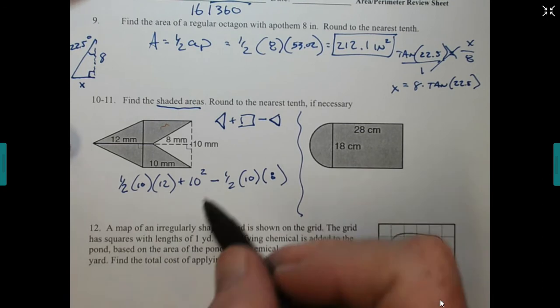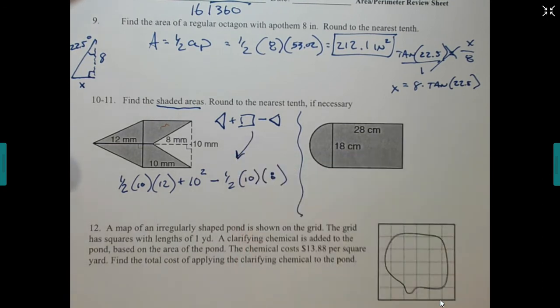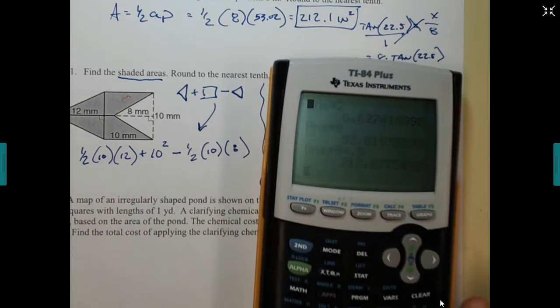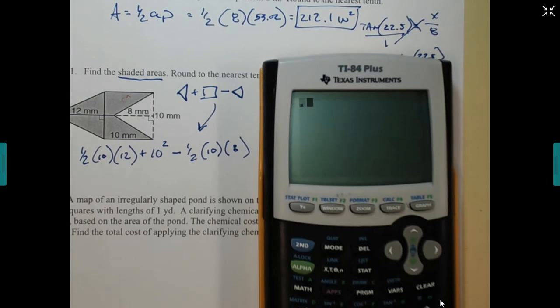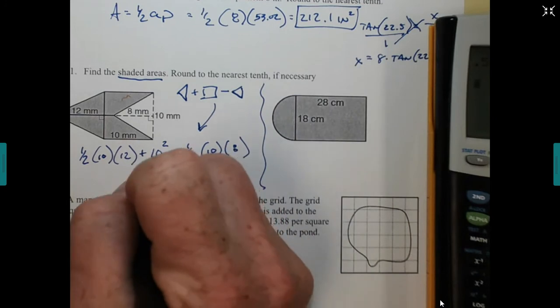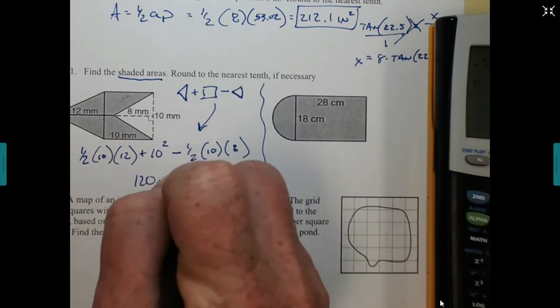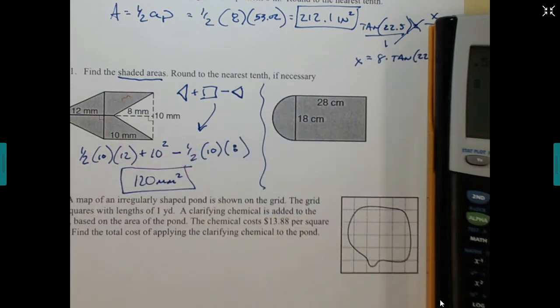My plan produced a custom-made formula, and I can go straight to calculator time on this and say 1/2 times 10 times 12 plus 10 squared minus 1/2 times 10 times 8. Get a lovely answer of 120 millimeters squared because we're going after area again.